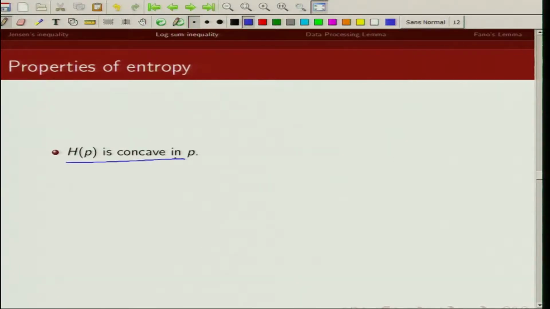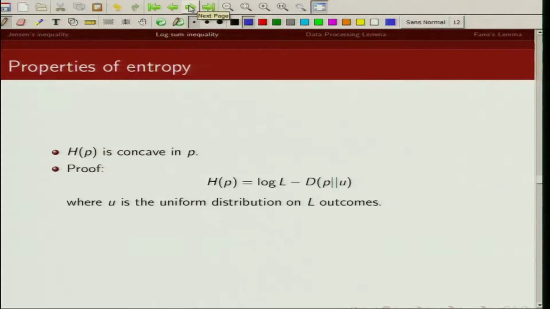Let us prove that entropy is a concave function of P. In the previous lecture, when we defined divergence between two random variables x and x hat, where x hat was uniformly distributed, we showed that the entropy of P is log of L minus the divergence between P and the uniform distribution. We have already shown that the divergence function is convex, so minus of a convex function will be a concave function.